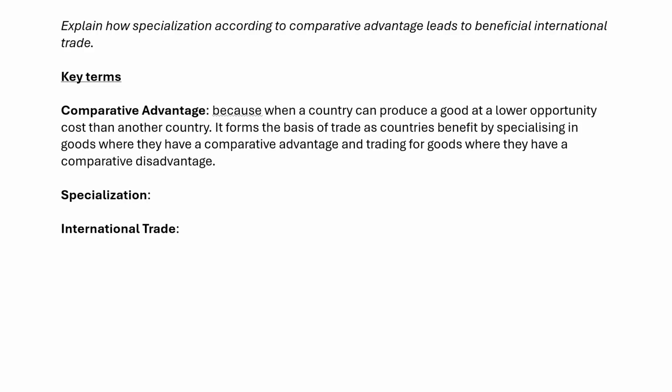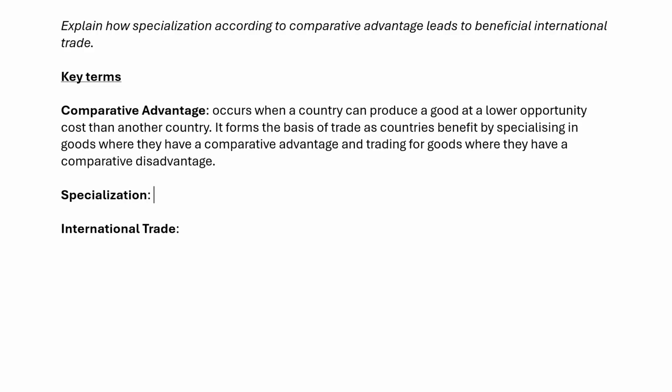Okay, so that's the first term, comparative advantage. If you have any sort of knowledge of trade theory, or if you study this area at all, then you should pretty much know what comparative advantage is. It's sort of like the very first thing that you get taught in trade theory.